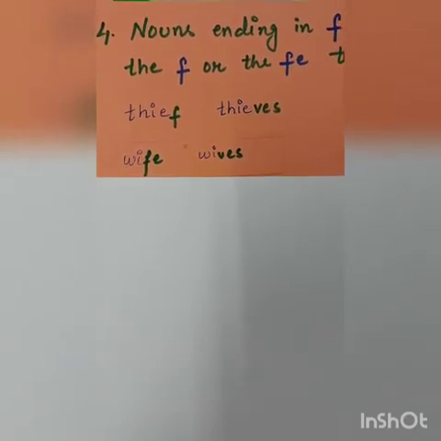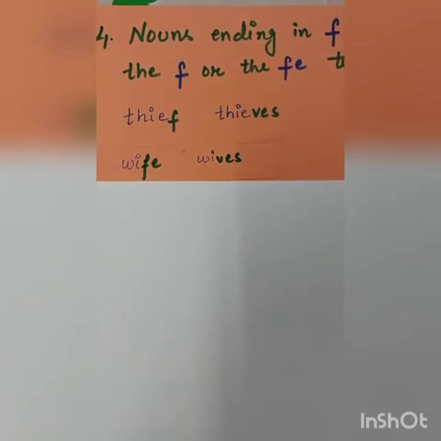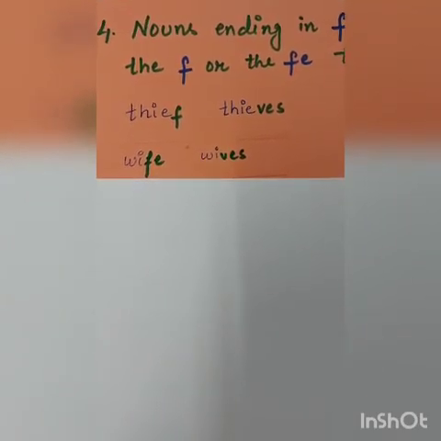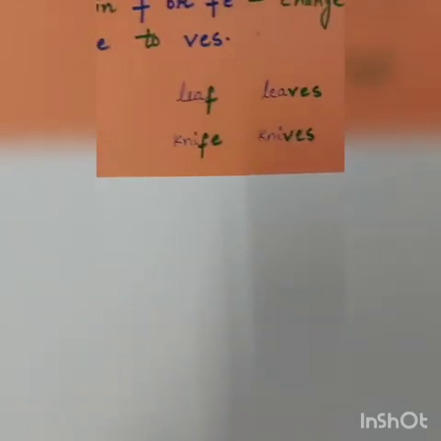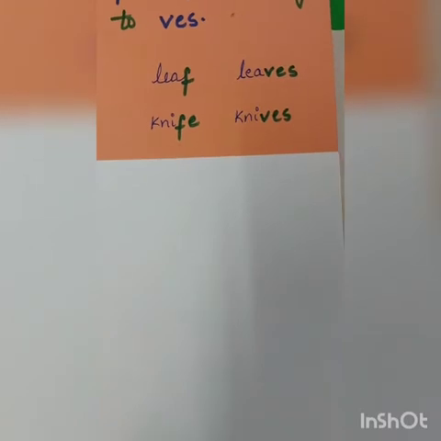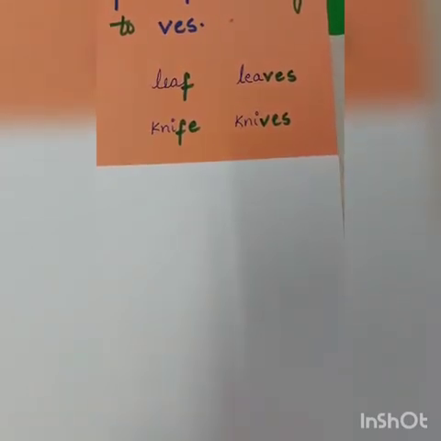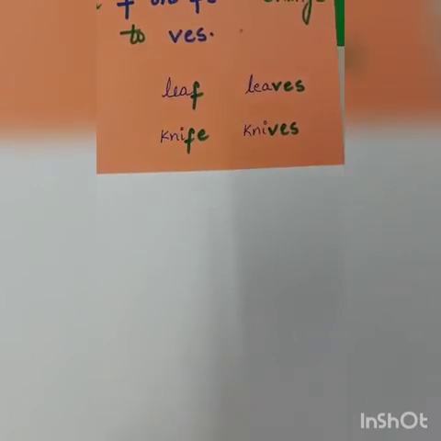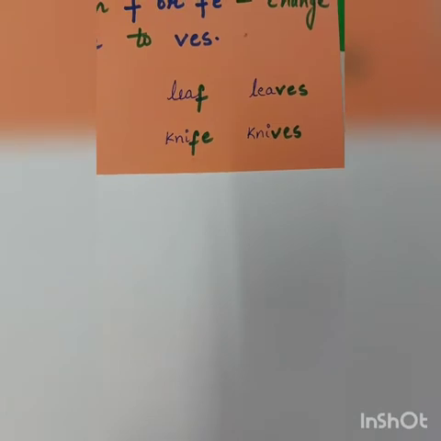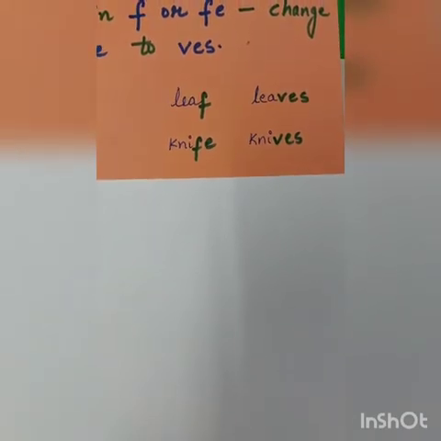So to make its plural, instead of FE, we will write VES, and the plural will be wives. Knife. Knife again ends in FE. So you can notice that to make its plural, we have removed FE, and instead of it, we have added VES. So the plural of knife is knives.